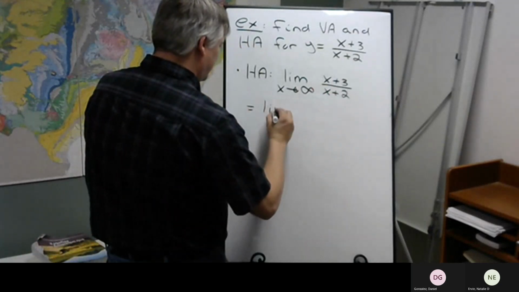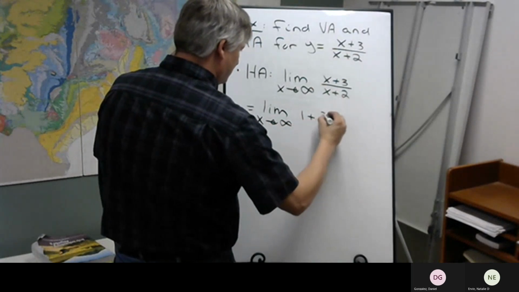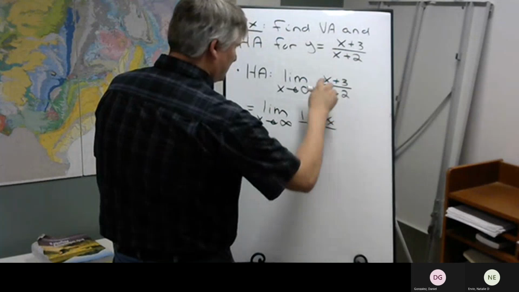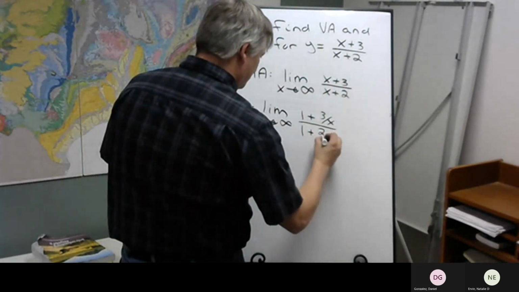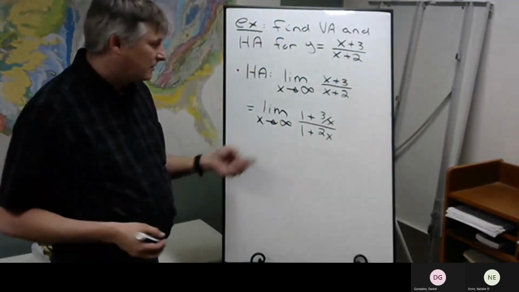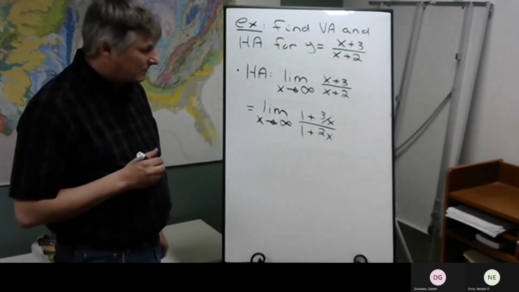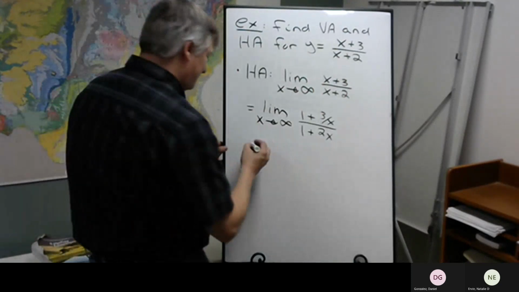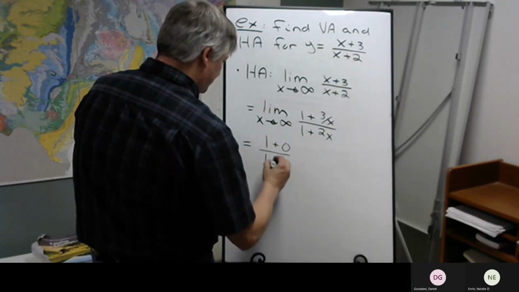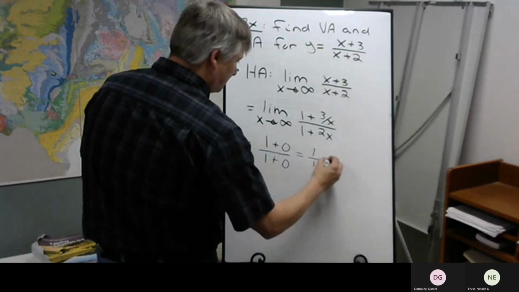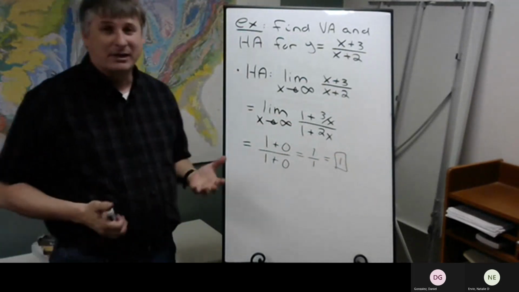A little trick here for getting this limit. So all 4 of these terms are going to divide by x. Or another way of putting it, we divided the entire top and the entire bottom by x. Now, if we let x go to infinity, this will come out to 1 plus 0 over 1 plus 0, 1 over 1, all 1. And so that's the limit as x goes to infinity.